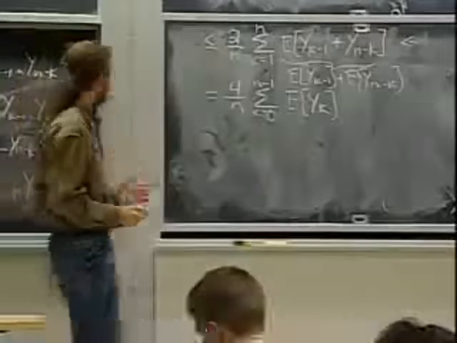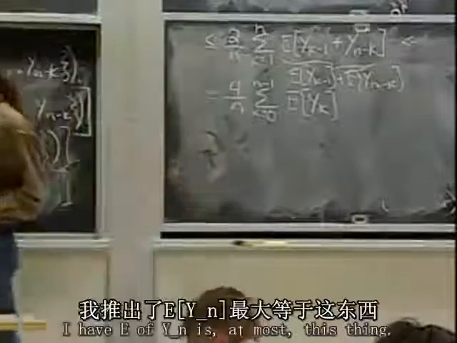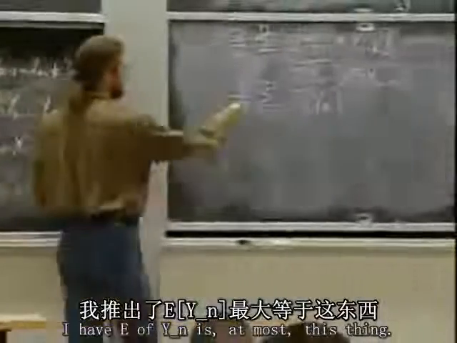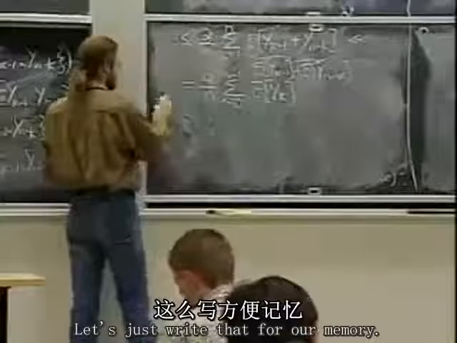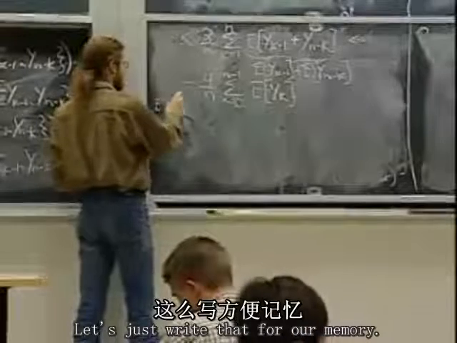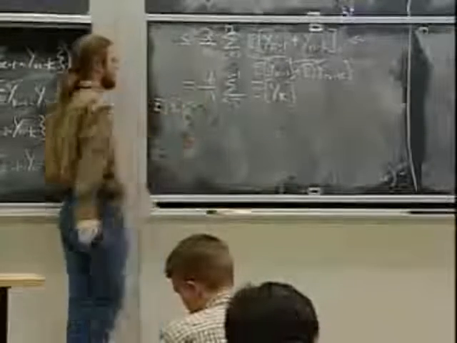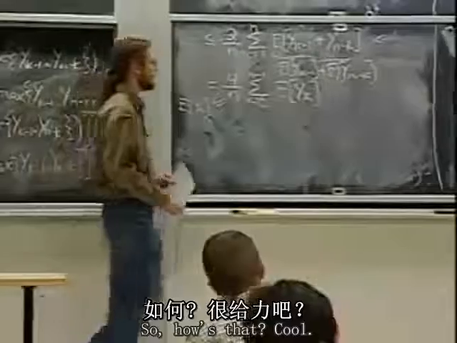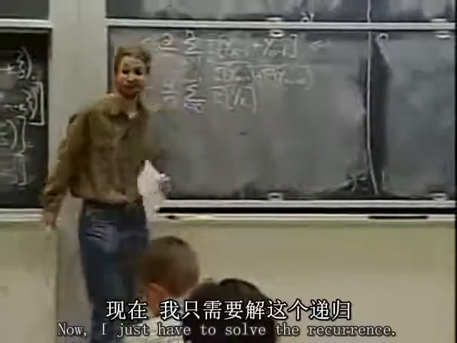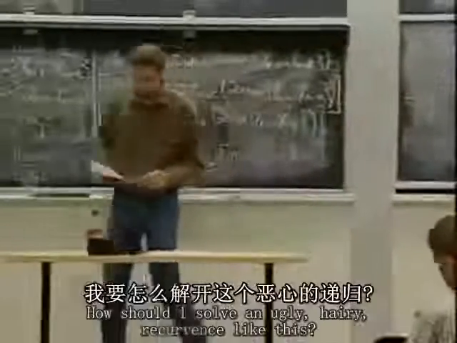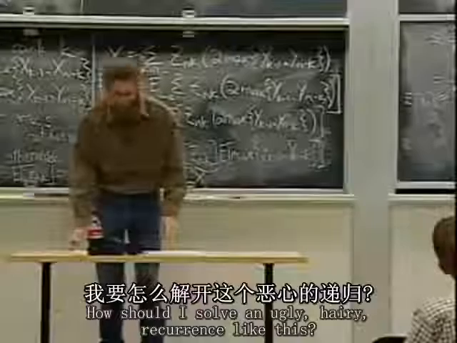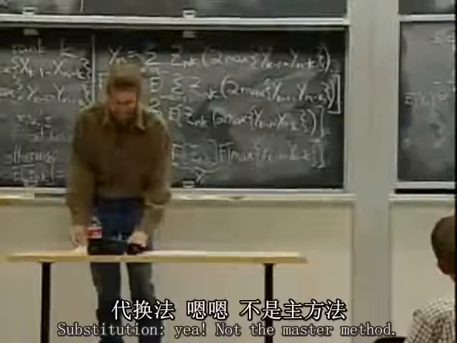So now I have a recurrence. I have E of Yn is at most this thing. Just write that for memory. It's at most that. Cool. Now I just have to solve the recurrence. How should I solve an ugly, hairy recurrence like this? Substitution!